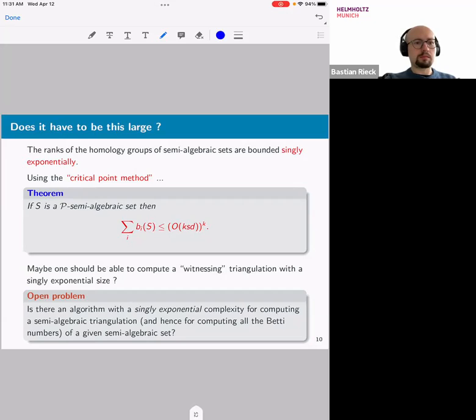So here's an outstanding open question, of which I don't know the answer, and which has been open for many years. Is there an algorithm with singly exponential complexity for computing a semi-algebraic triangulation, and hence for computing all the Betti numbers of a given semi-algebraic set?